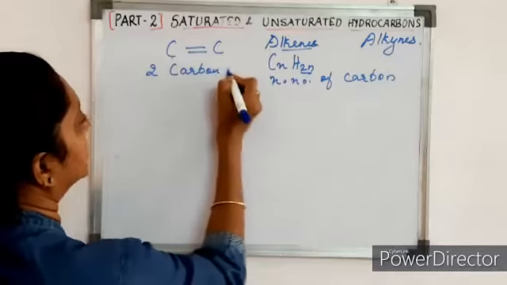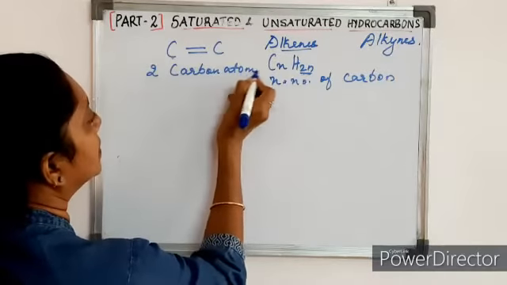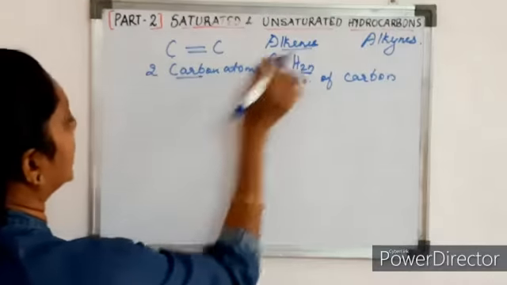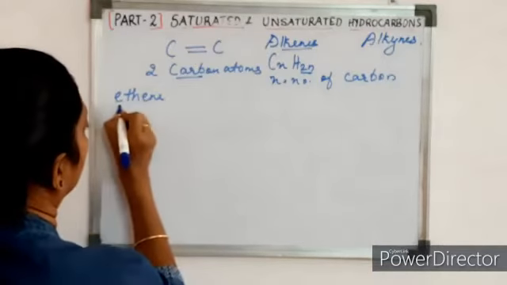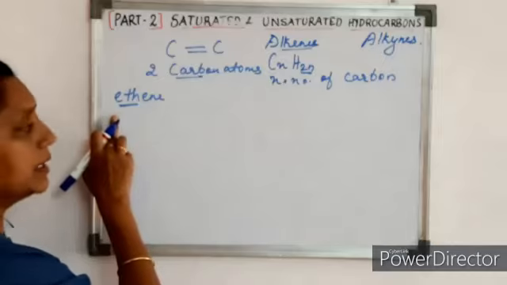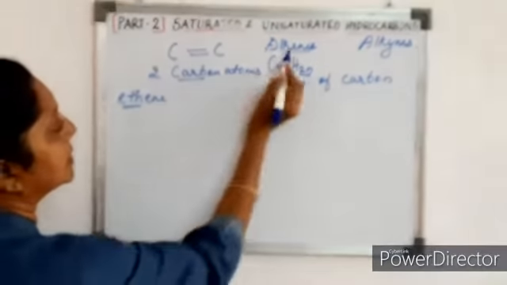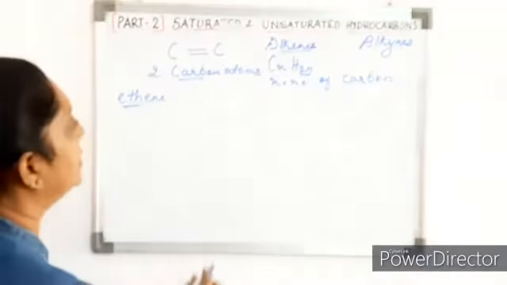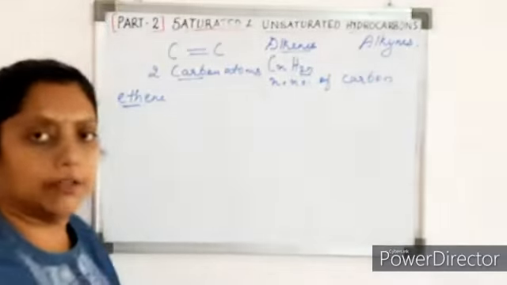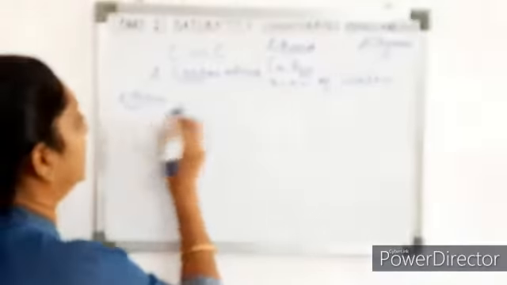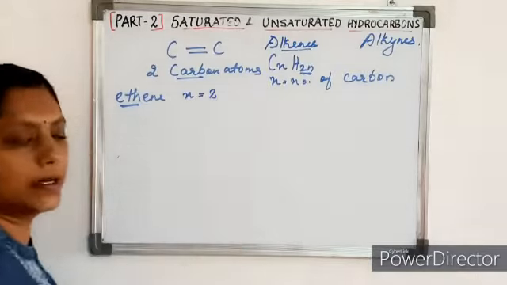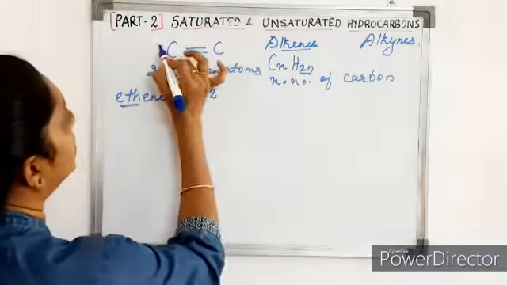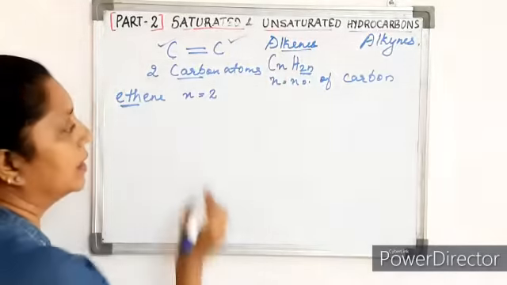The first member of alkene is ethene: eth for 2 carbon atoms and ENE because it is an alkene. So to find the molecular formula for ethene, you put n equal to 2, because there are 2 carbon atoms.